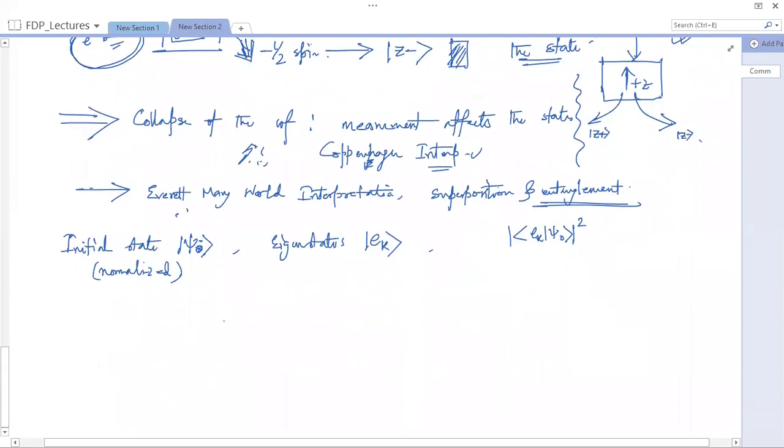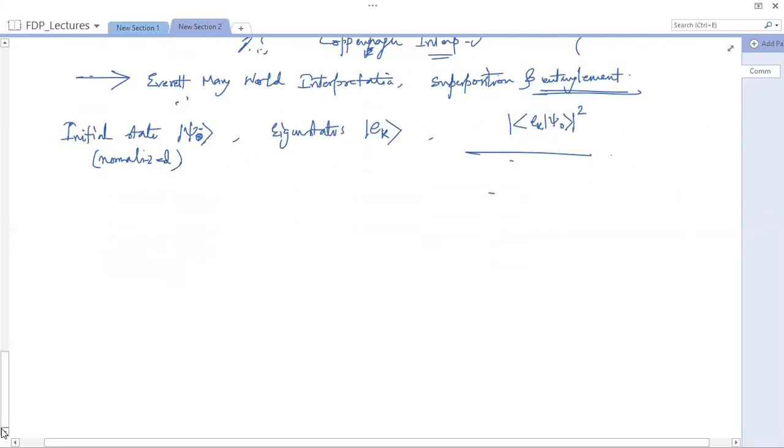I'll finish this session with one small example, which is a particle in a periodic potential, a free particle in a circle.